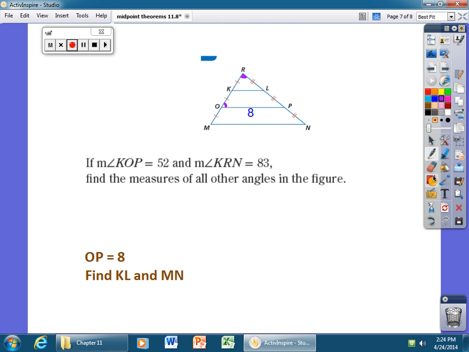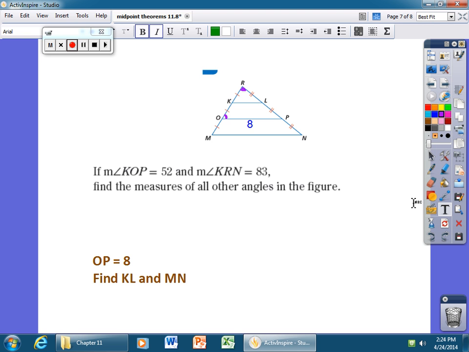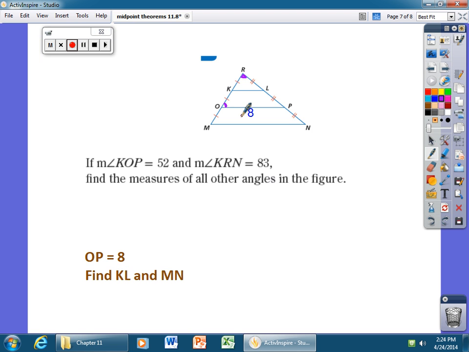Now, remember our rules about parallel lines and angles. Since this angle is 52 degrees, this angle is 52 degrees, and this angle is 52 degrees because they're all corresponding angles.